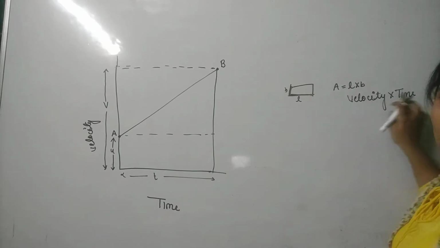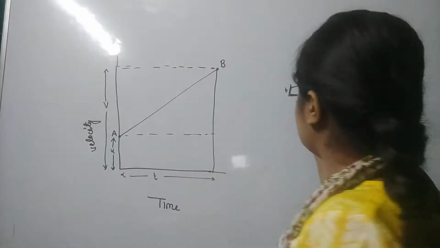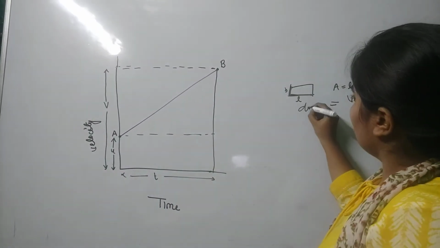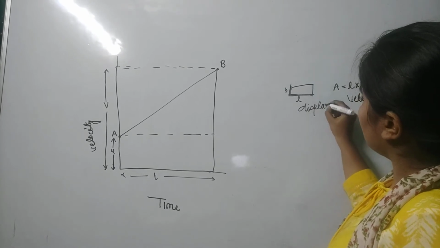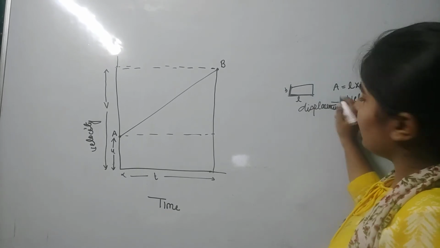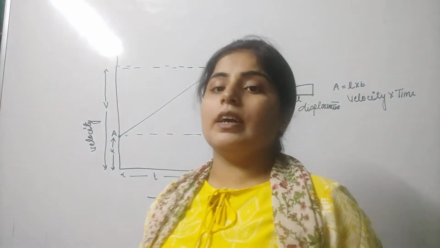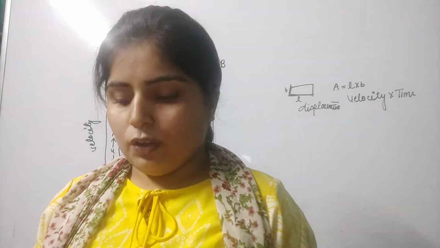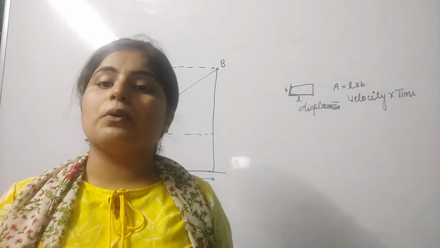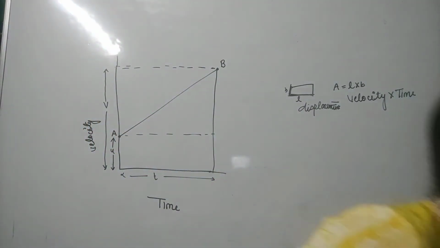Then we know that velocity into time is equal to displacement, so the displacement will be equal to the area covered by the graph.